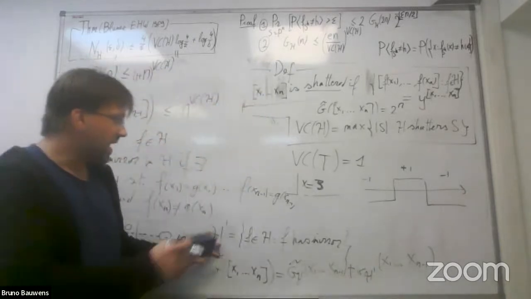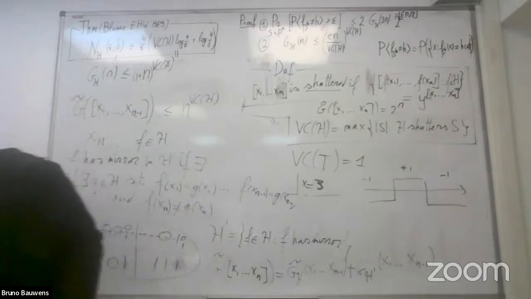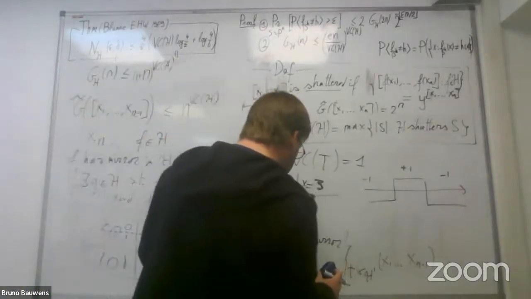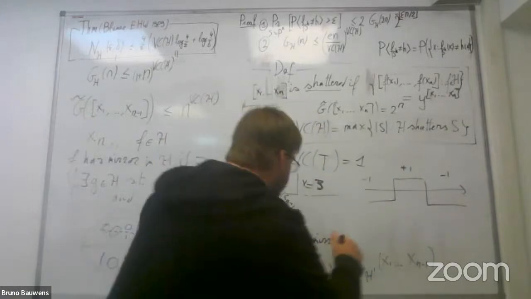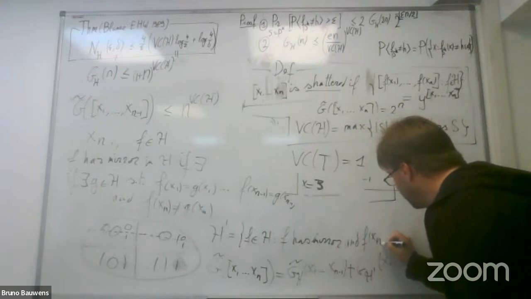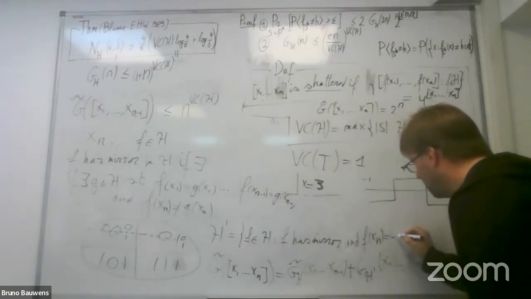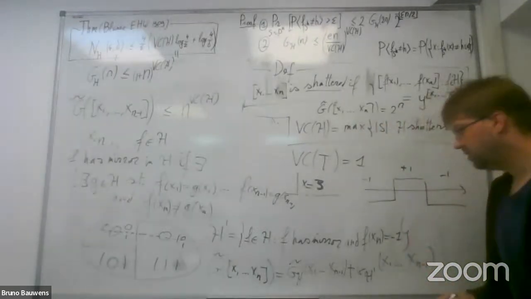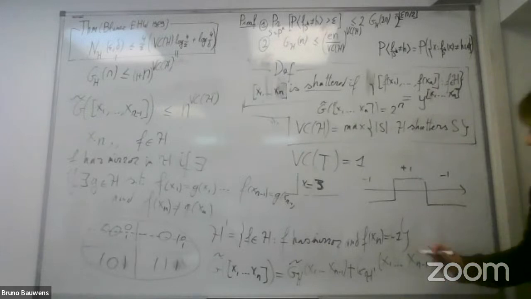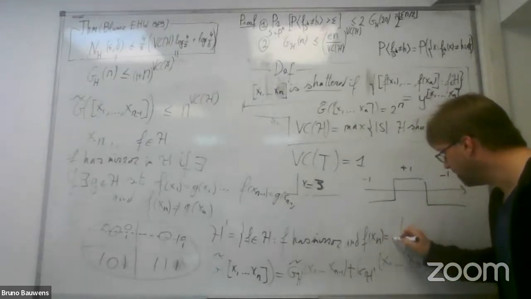Sorry, f in H has a mirror, and let's fix the label, it's better: f(xn) equals -1, for example, if labels are -1 and +1.